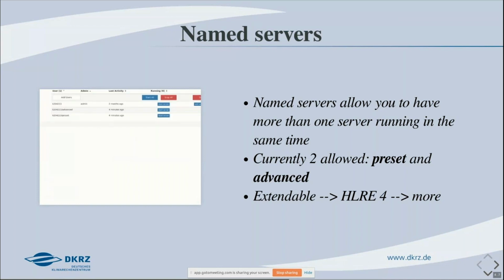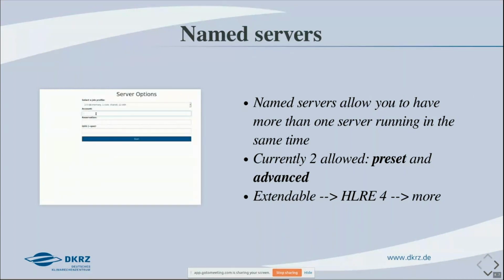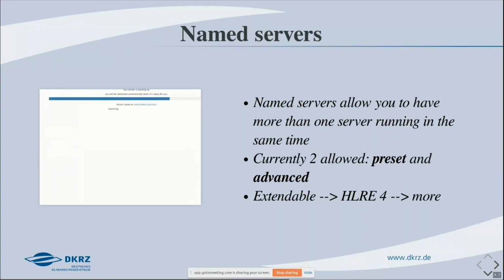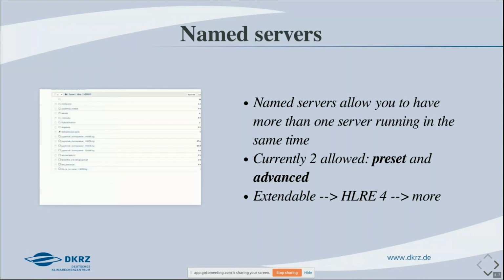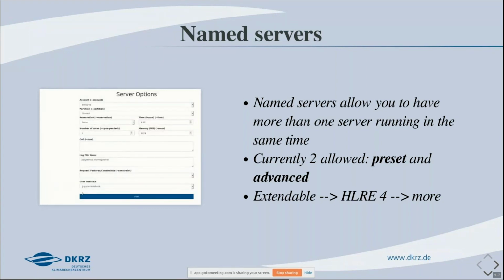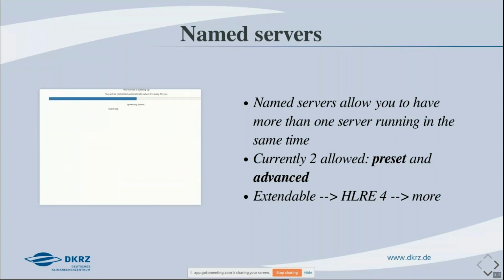For example, with the coming system, if we require a new spawner, we will just add it in a tab as an options form. So it's very flexible, and we can also decide how many servers the users are allowed to run at the same time.